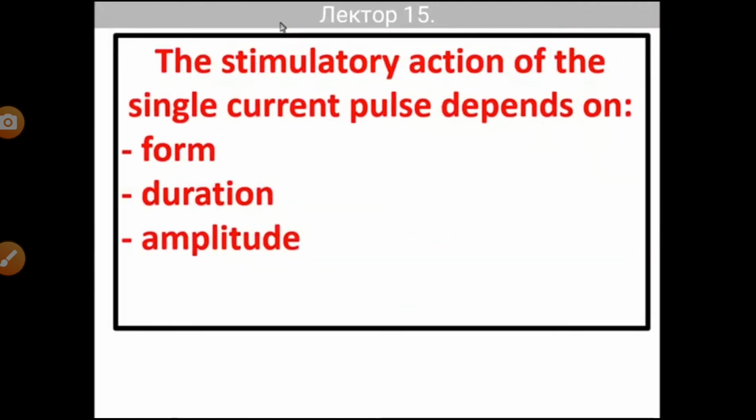Look at the screen. This information is about the stimulatory action of the single current pulse, which depends on form, duration, and amplitude.